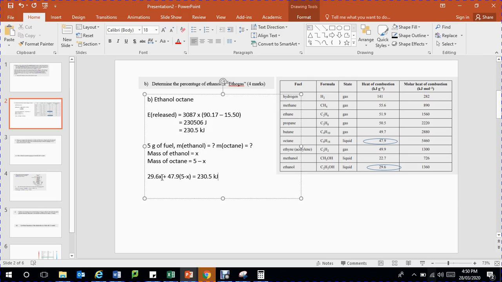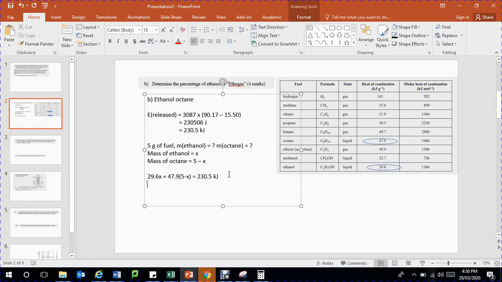So I'm trying to work out what the mass is, because it does 29.6 kilojoules per gram plus 47.9 kilojoules per gram, but I'm subtracting X from the 5 grams, will release 230.5 kilojoules. Okay, so it's a little bit of problem solving with this one.